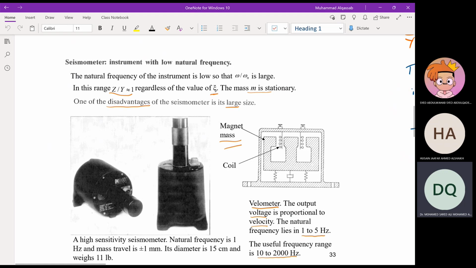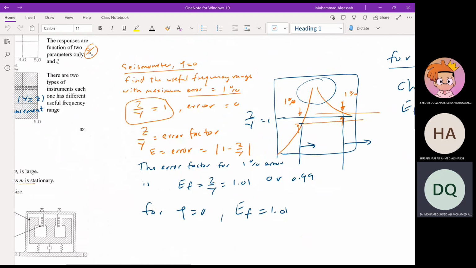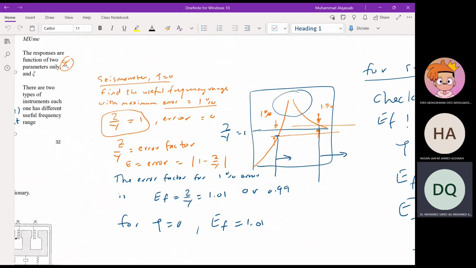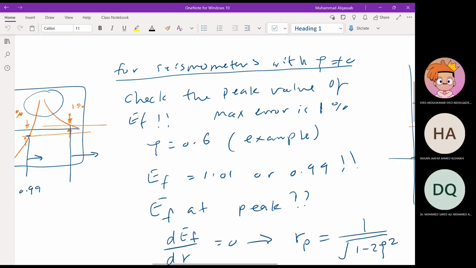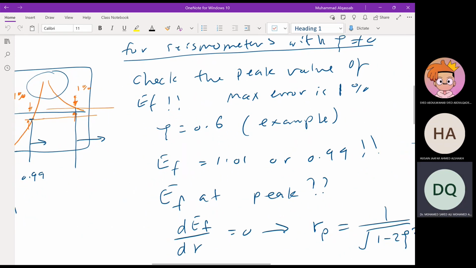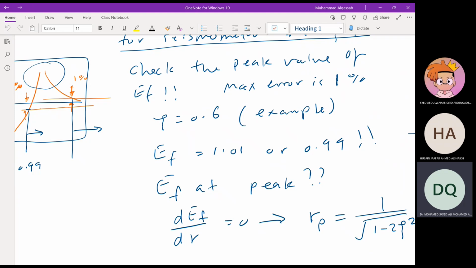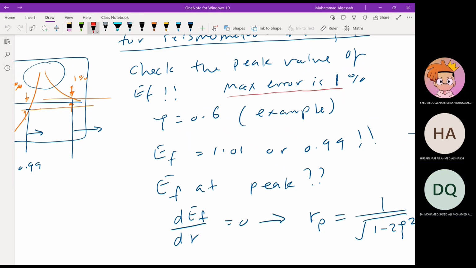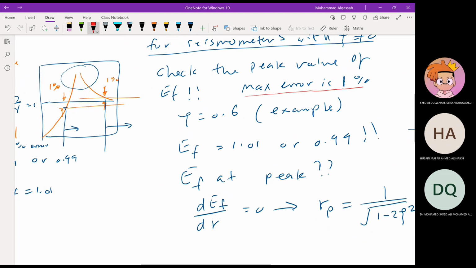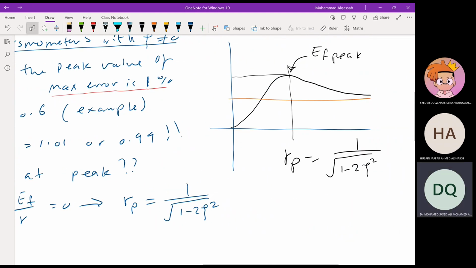I explained this last time. In general, we have an example where we have to find the useful range of a given seismometer, for a maximum error of 1%. So we have to check the peak.